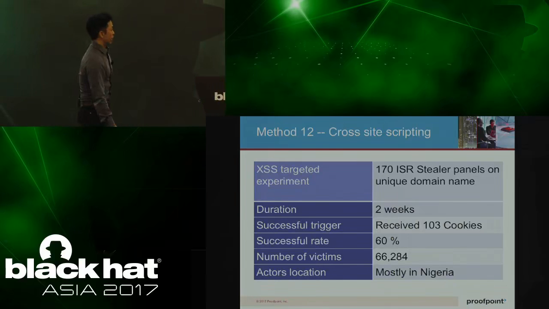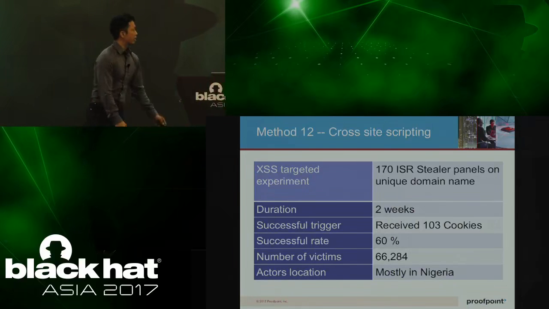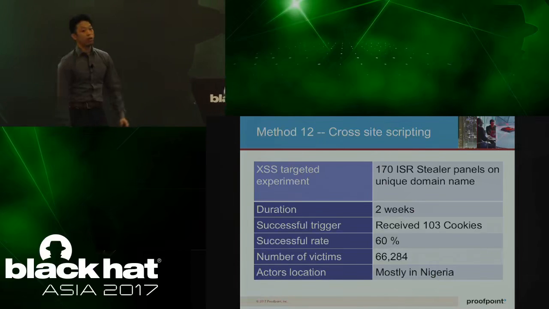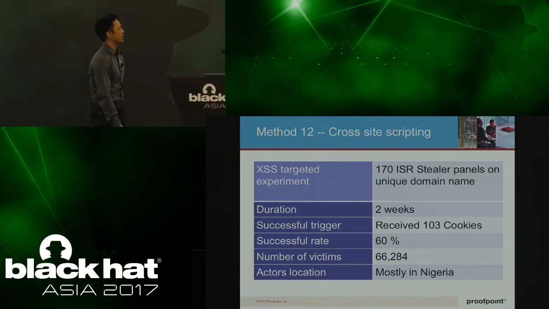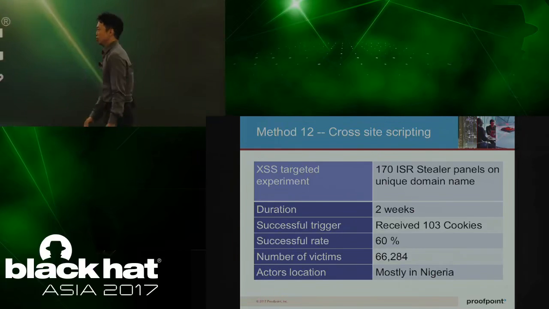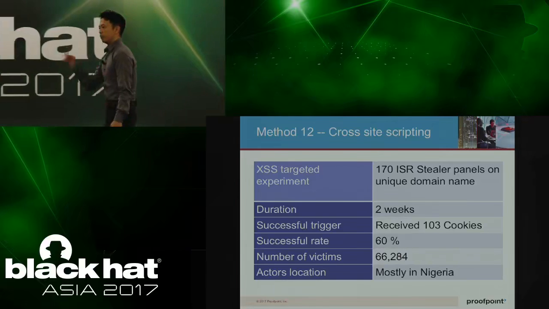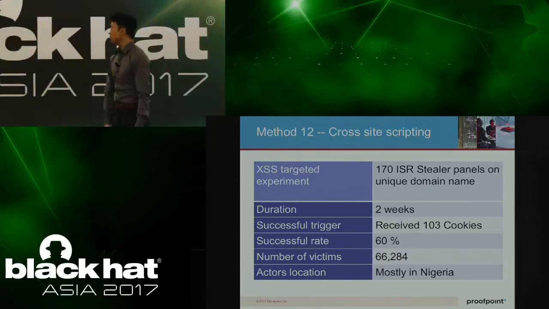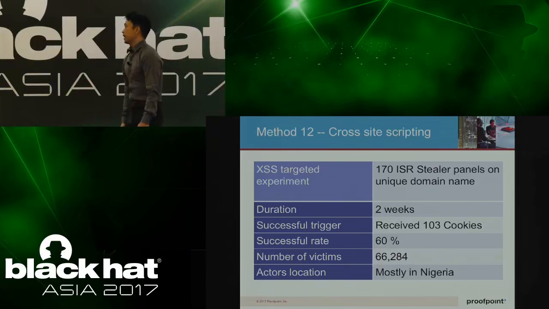The experiment that we did, we found that this actor had a large number of control panel instances. They had 170 panels on their different assets. So we wrote a script, injected persistent cross-site to get their cookies. The experiment lasted 2 weeks.